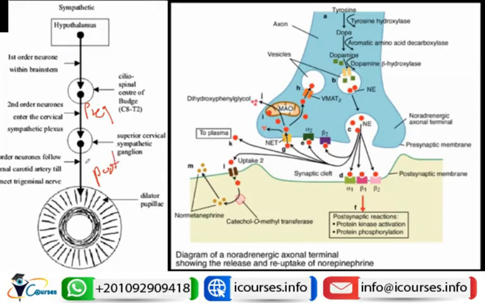If the patient has damage to the postganglionic, there will be no potentiation of norepinephrine, because, as we said, this is the long ciliary nerve. All these chemical sequences will not occur, because this patient has a lesion in the postganglionic. So there is no norepinephrine in the first place.